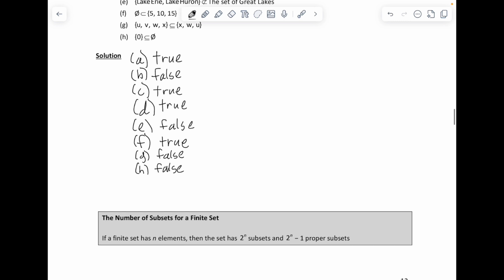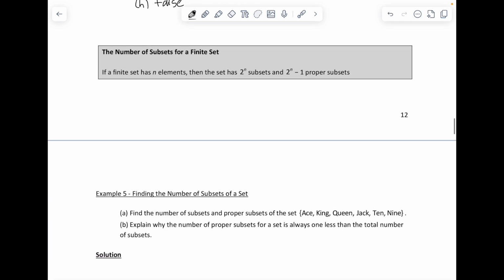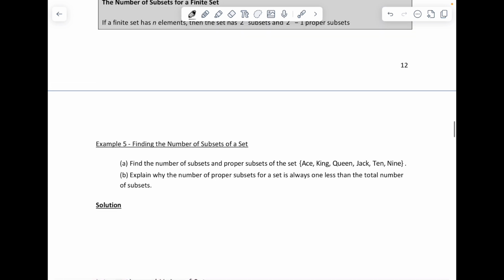So just to use this example here, find the number of subsets and proper subsets of the set containing the elements ace, king, queen, jack, 10, 9. So that is 1, 2, 3, 4, 5, 6 elements.